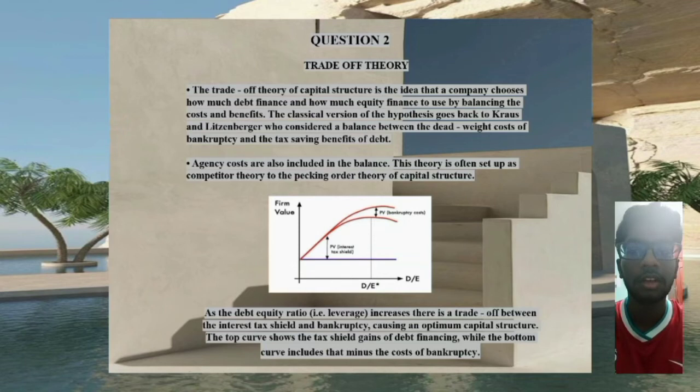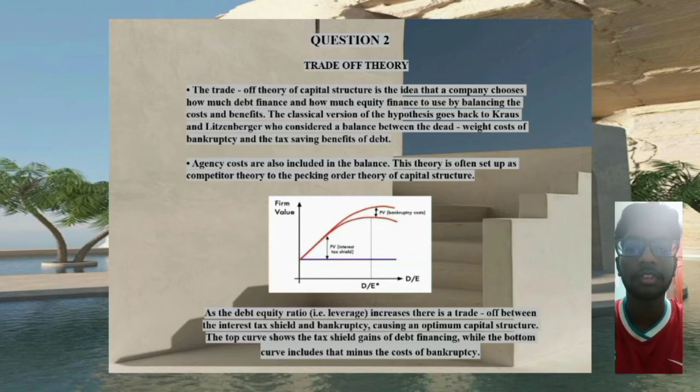Agency costs are included in the balance. This theory is often set up as a complementary theory to the pecking order theory of capital structure. As the debt equity ratio leverage increases, there is a trade-off between the interest tax shield and bankruptcy, causing an optimum capital structure.